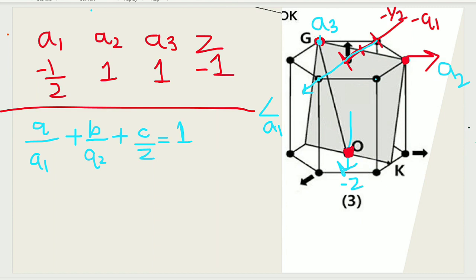This is tough to determine actually. So what we can do is, starting from origin we can move 1 unit along the A1 direction.